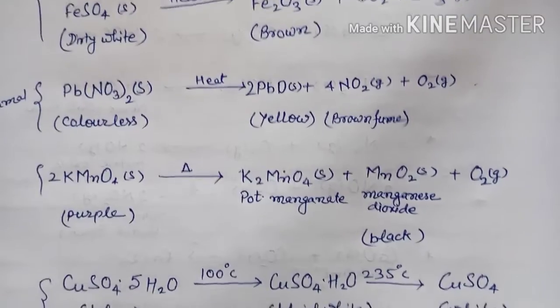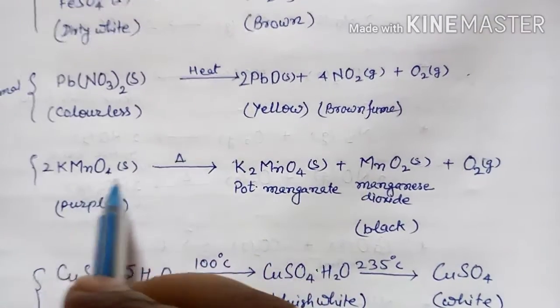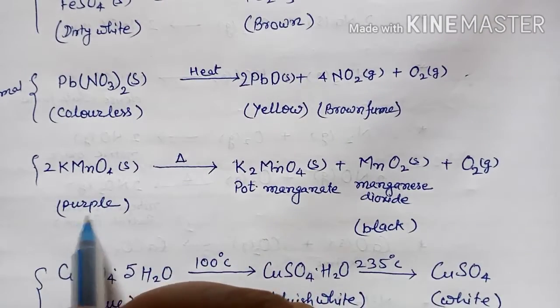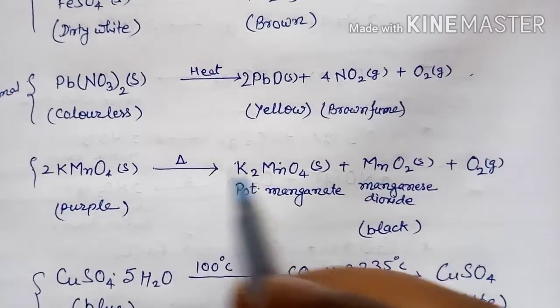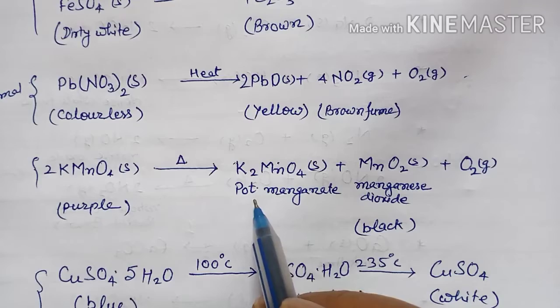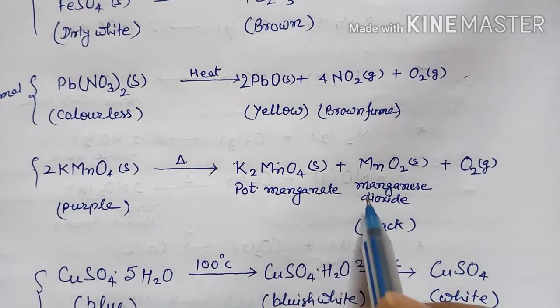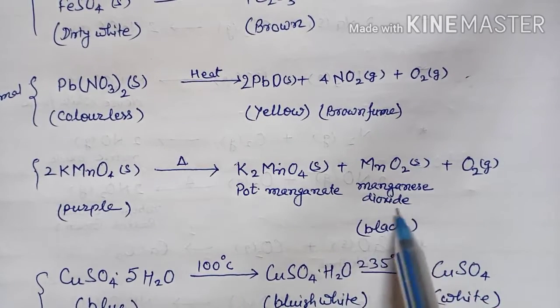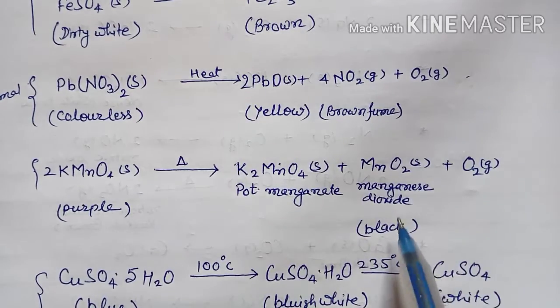Next is potassium permanganate, whose color is purple. On heating it decomposes into potassium manganate plus manganese dioxide and oxygen.